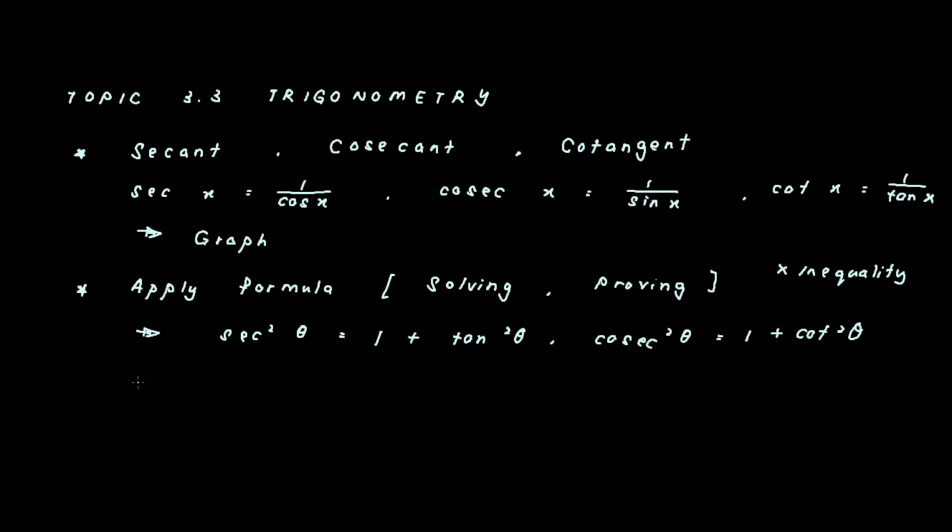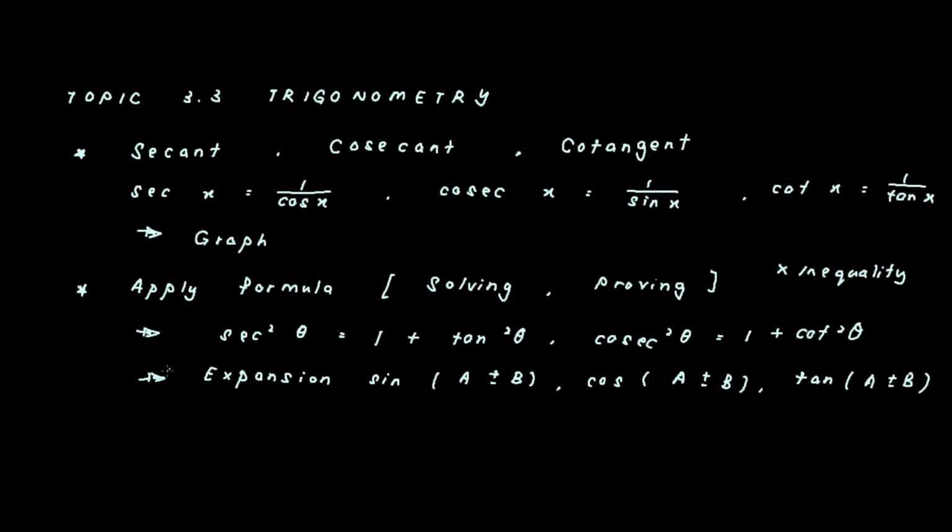Okay, then after that, the second one you learn about the expansion for sine a plus b or a minus b. Then after that, you have cos a plus or minus b also. Then the last one, the same thing, you have the tangent one, which we call the compound angle formula. Then after that, the next one, you learn about the double angle formula.